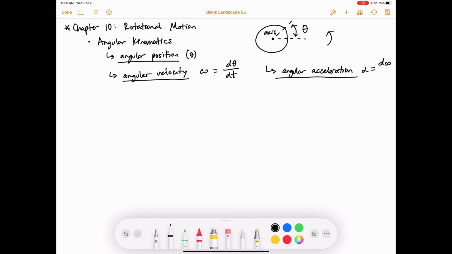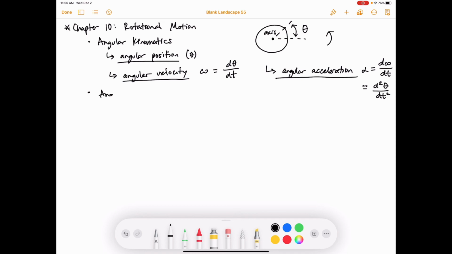And the definition of alpha is d omega/dt, so the derivative of angular velocity with respect to time, or we can think of it as the second derivative of angular position with respect to time. So this should all match with the kinematic definitions that you learned back in Physics 44, except now we're dealing with rotation.